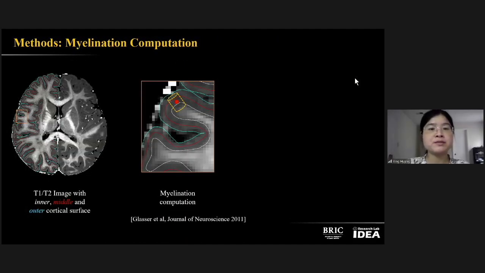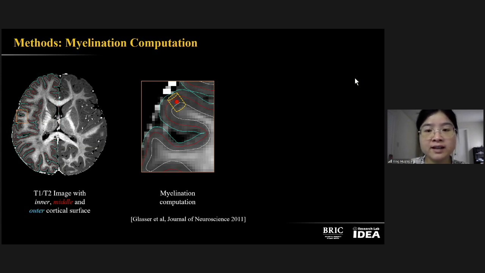Myelination was computed based on the method introduced by Glasser in Journal of Neuroscience 2011. After registering the T2 weighted image to the T1 weighted image, the ratio of T1 weighted to T2 weighted signal intensity in each voxel was computed. For each vertex in the native mesh middle surface, ribbon voxels were selected within a cylinder between the inner and outer surface.